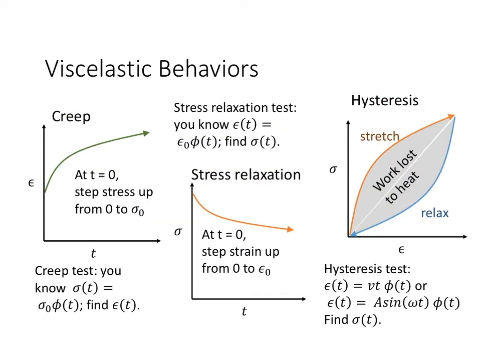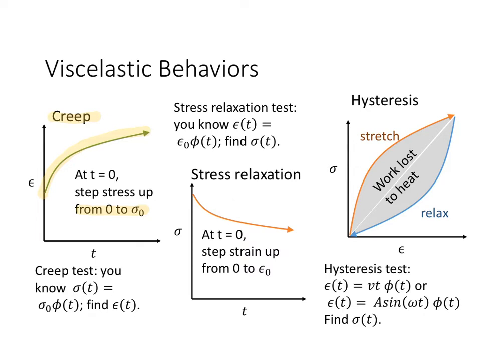Viscoelastic materials create characteristic behaviors in different tests. One of these is the creep test, and in the creep test we step the stress up from 0 to some designated amount at time 0, and then we record the strain, and what we see is the strain creeps upward as over time it can adapt to that stress that was applied.